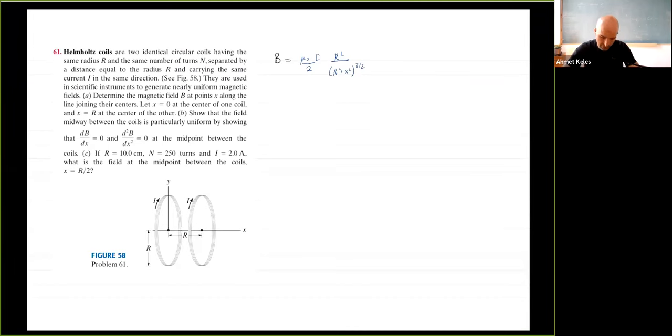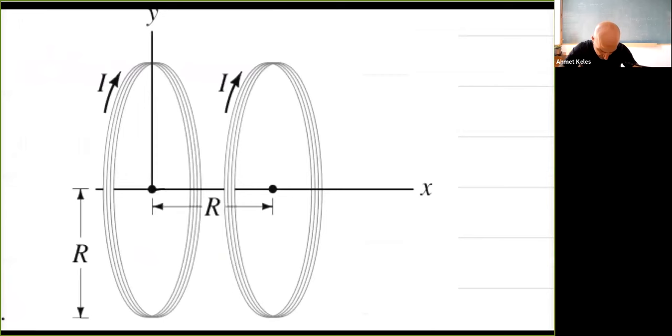B is equal to the first one, and the second one is going to be exactly the same, except I need to set up a coordinate.